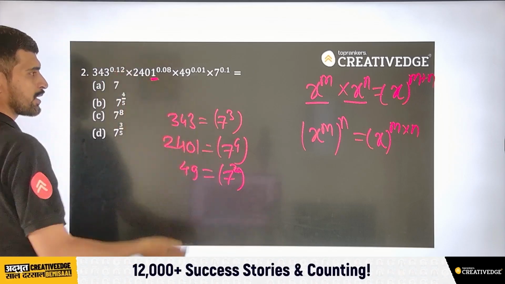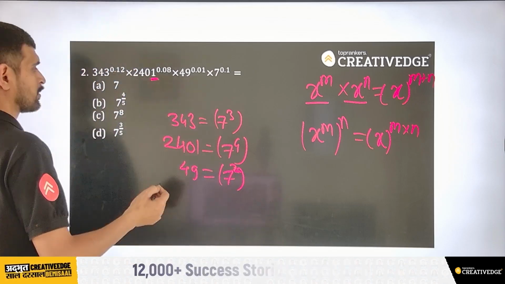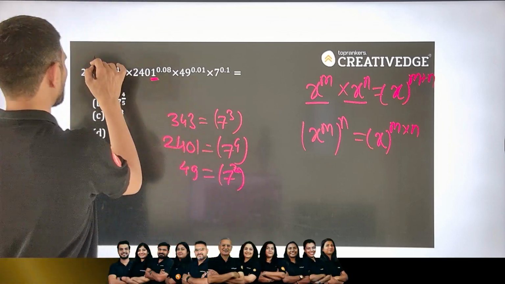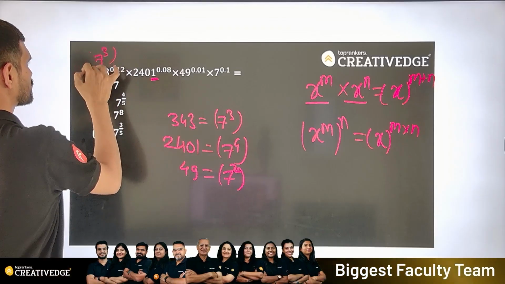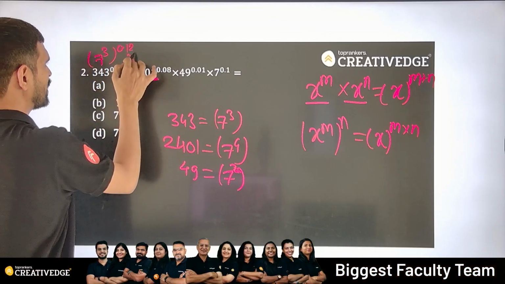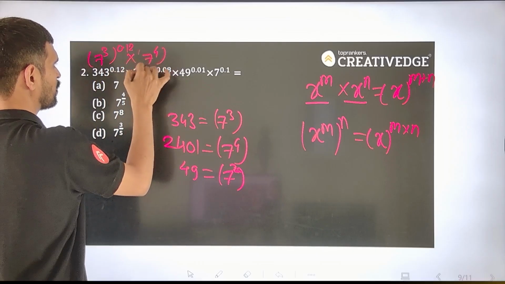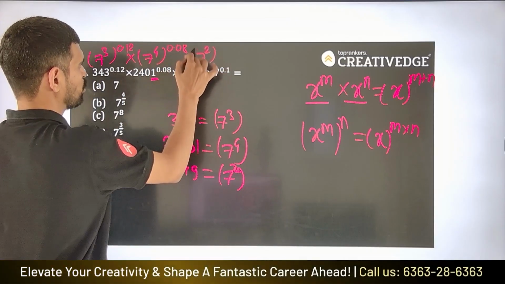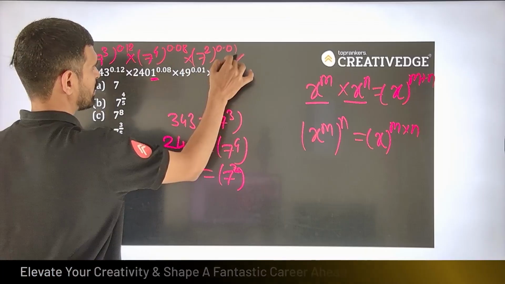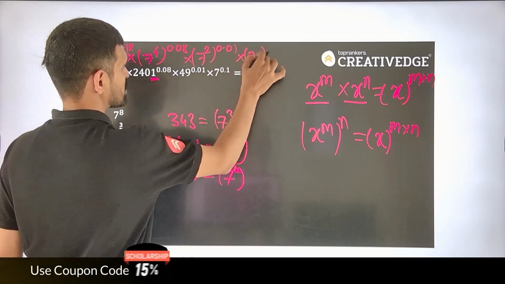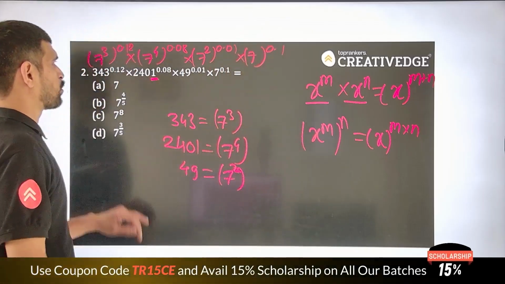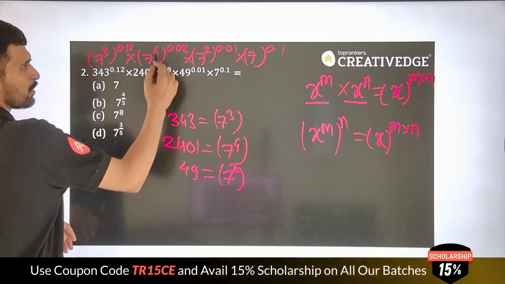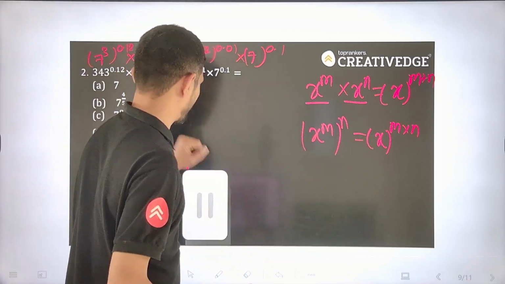Now, I'll be using all these values here. So this will get converted as 7 to the power 3 to the power 0.12 multiplied by 7 to the power 4 to the power 0.08 multiplied by 7 to the power 2 to the power 0.01 multiplied by 7 to the power 0.1. Now, power to the power, let's multiply.